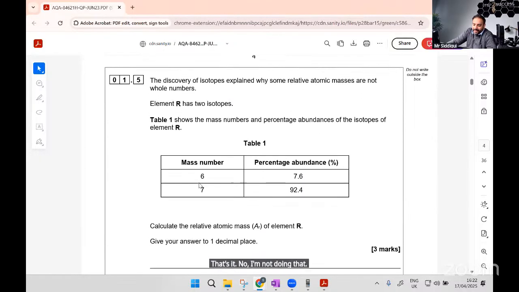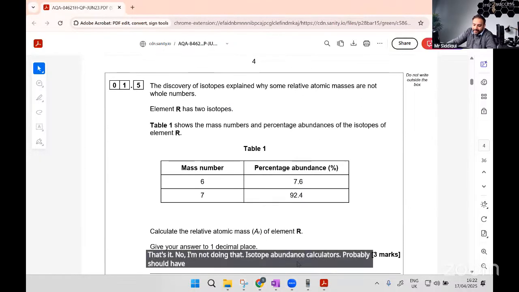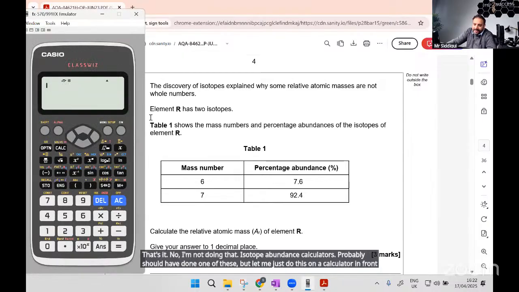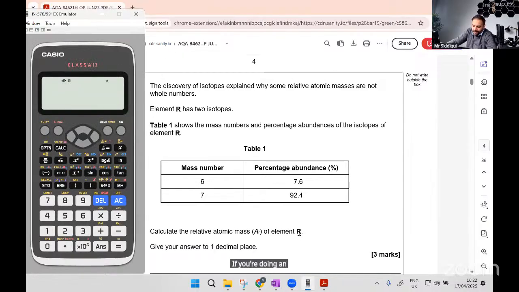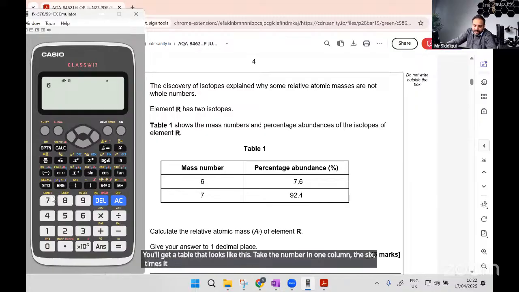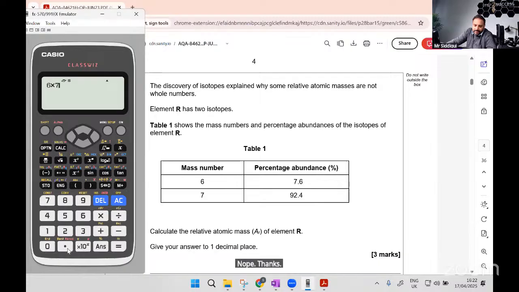Isotope abundance calculation. Probably should have done one of these, but let me just do this on a calculator in front of you to show you how simple this is. If you're doing an isotope abundance calculation, this is all you do. You'll get a table that looks like this. Take the number in one column, the 6, times it by the number in the other one, 7.6. Add on the number below, 7, times the other one, 92.4.